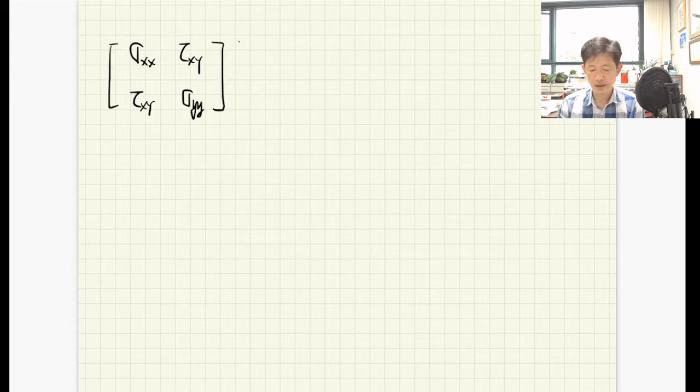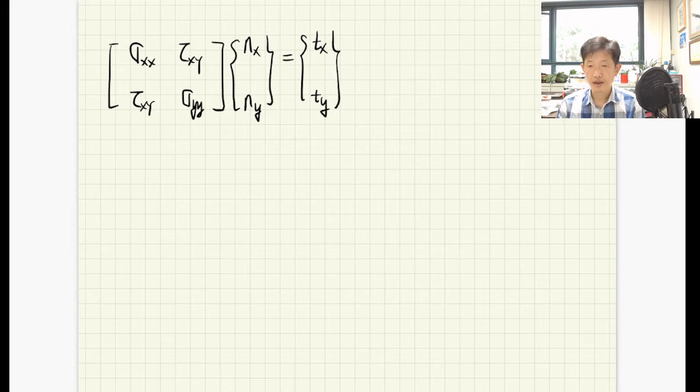Let's say you have sigma xx and tau xy, and tau yx, which is symmetric, and sigma yy. This is the stress state. If you take the dot product with a certain direction nx, ny, then we can get the traction, Tx and Ty. But if our direction is the principal stress direction, then the direction of the traction is the same as the observation direction.